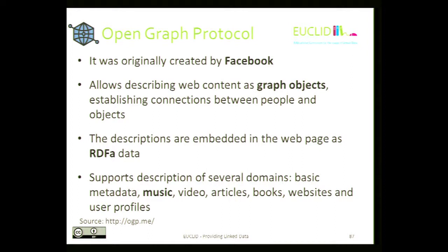When they saw that building relationships with non-person things in their graph was catching on, you would go and like a certain car or like a certain movie on Facebook, they decided to extend that beyond the realms of their social network onto the web. So if you had any product or event, you could put a like button on your page and it would be included in their graph.